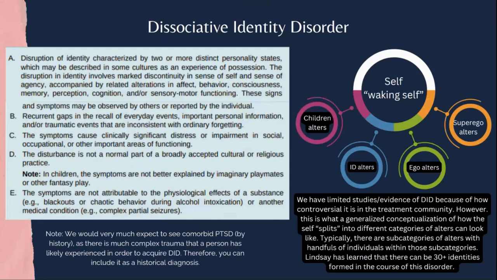This is why internal family systems can be really helpful for treatment of DID, because it has a lot of similar conceptualizations to what happens within the person and their split selves. There's a firefighter type of subcategory of id alters, ranging from pure emotional reactive alters to ones that engage in really maladaptive coping skills.